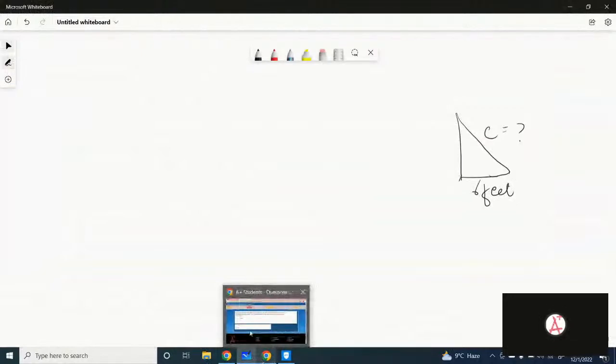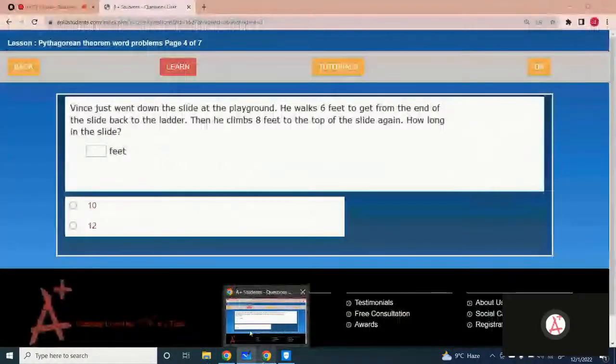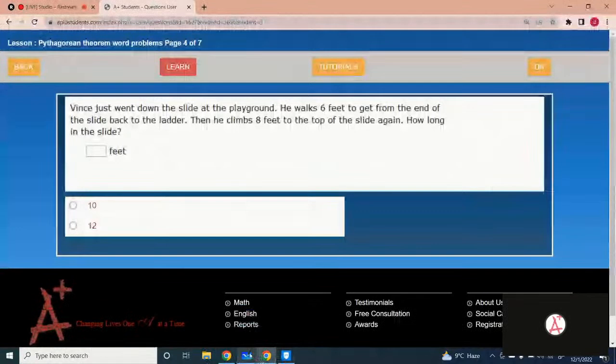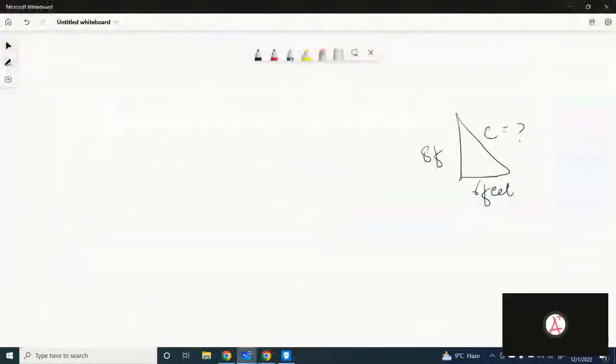And then he climbs 8 feet to the top. So it would be 8 feet. Got it? You have to calculate the hypotenuse using the Pythagorean theorem. It would be c square equals a square plus b square.